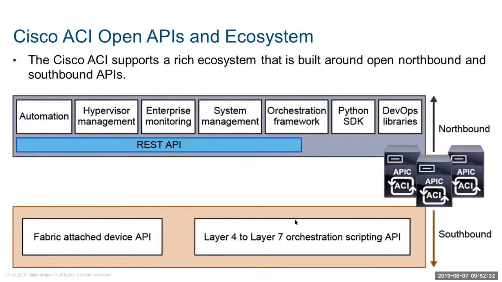So it is an open industry standard that's showing you northbound. You may use REST API. It enables it to support a vast variety of products. They call it a very rich ecosystem.